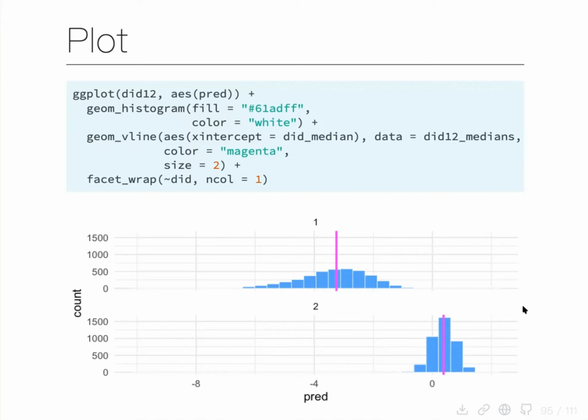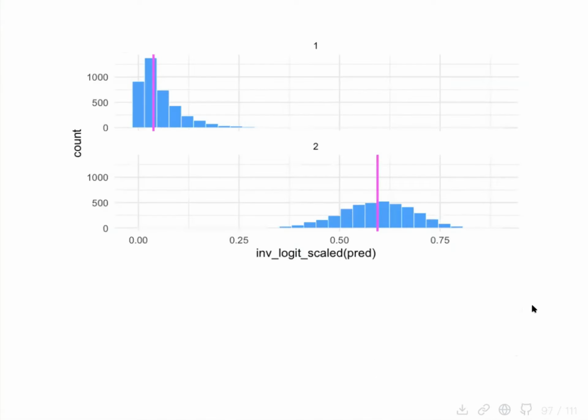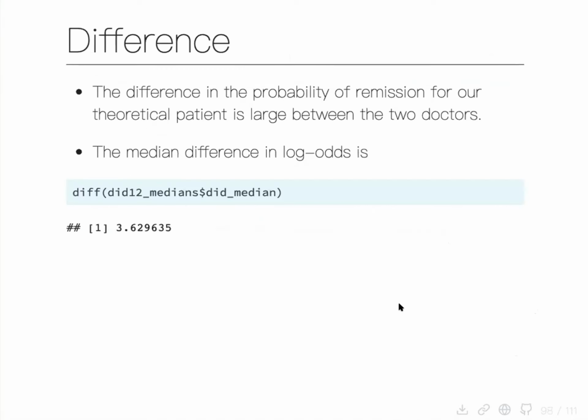So you can see that's a pretty big difference, okay? We can put it back on the probability scale as well, and this is probably a little bit more interpretable. The probability of remission is very low for the first doctor, and it's above 50% on average, like the median of the posterior distribution, with the second doctor, okay?